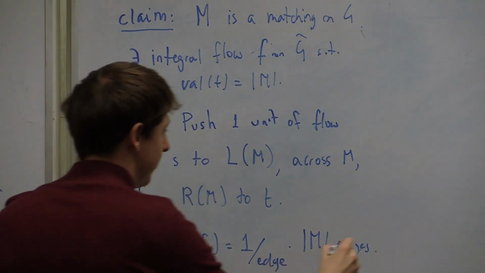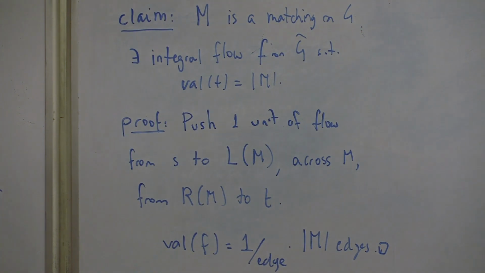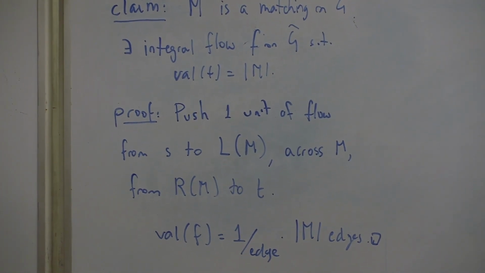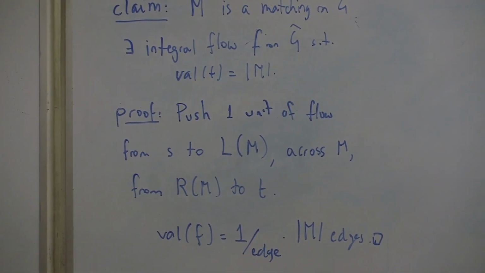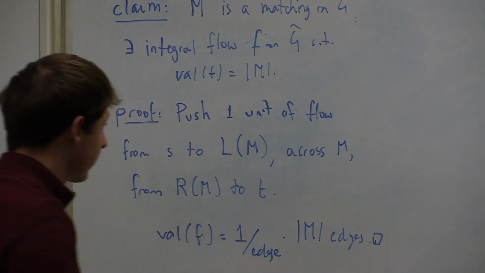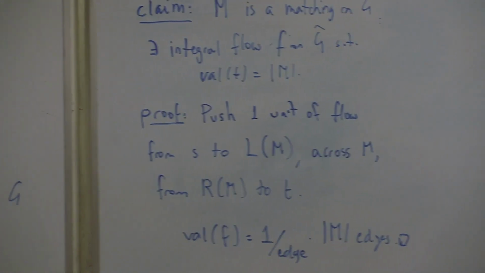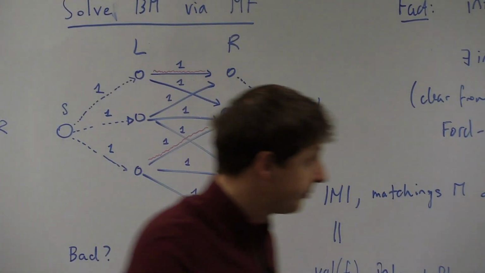Okay, and so that proves this claim. Anytime you have a matching, I can turn it into an integral flow on the network G tilde. This is not surprising because it was the intuition behind this construction.